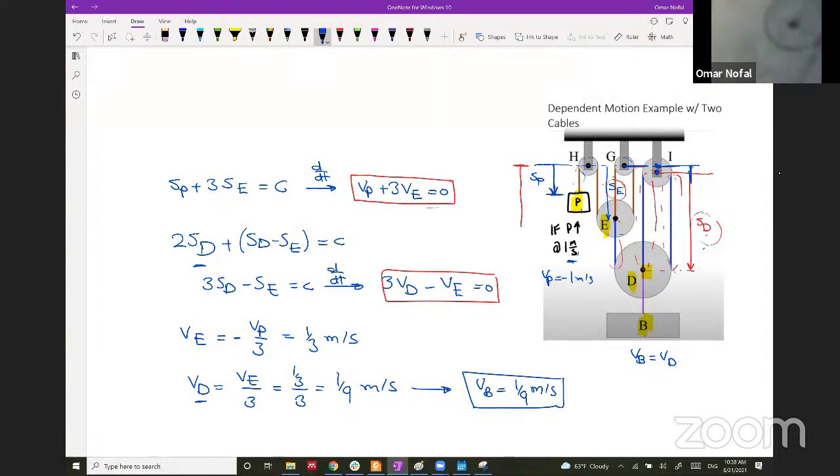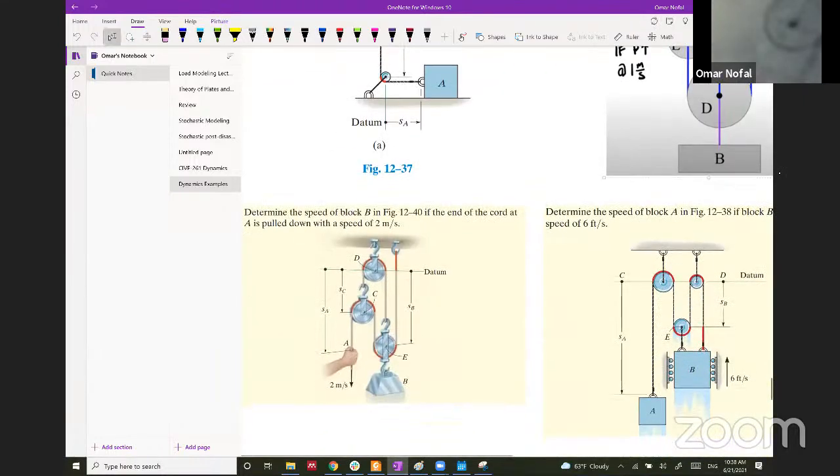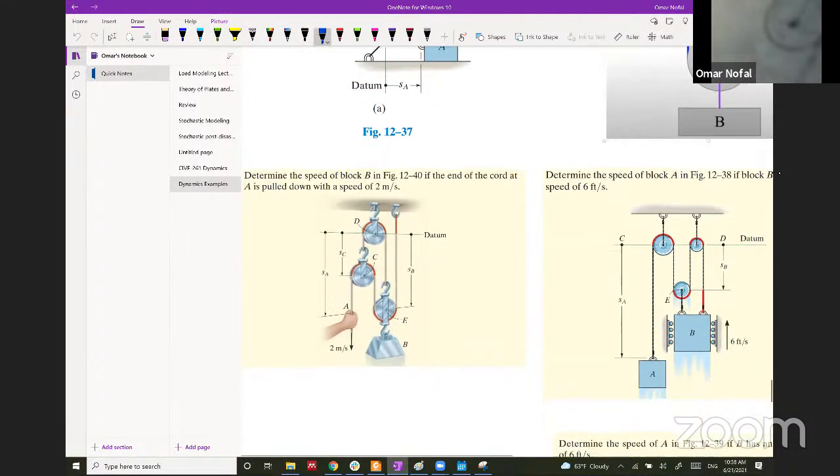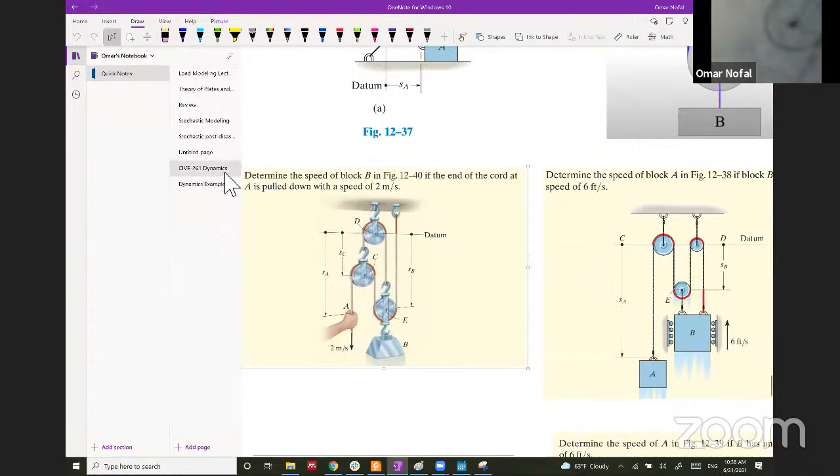I will solve another quick problem on the pulley, and let's see, this has 1 rod, so let's solve another one with 2 rods like this, which I think is the right problem because it's from Hibbeler.